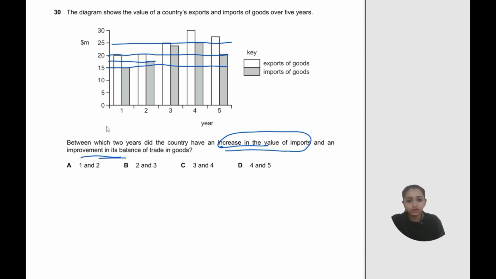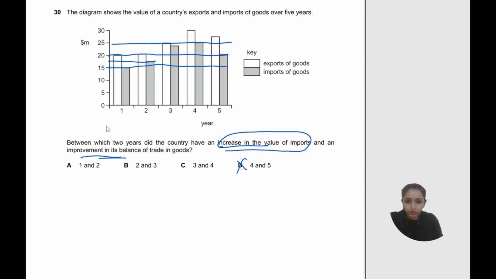Now, increase in value of imports, we can see that here, all these years, there is not in the fourth year, but from 1 to 2, from 3 to 4 there is, but 4 to 5 there is not. So this is out of question, right? Then they have said an improvement in the balance of trade. Now we don't know that, so it is always better to create a table and see.